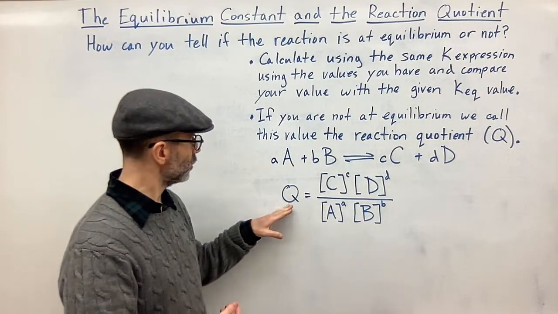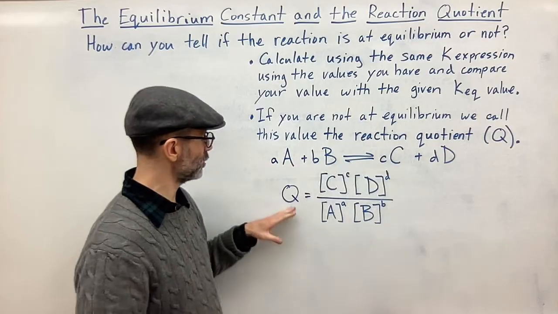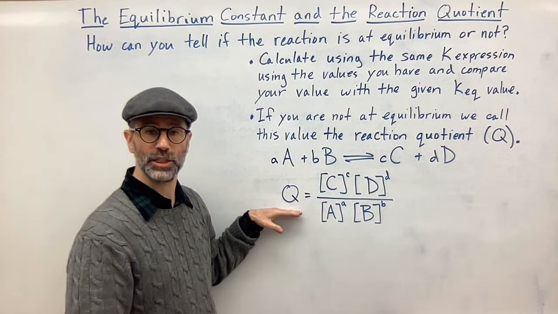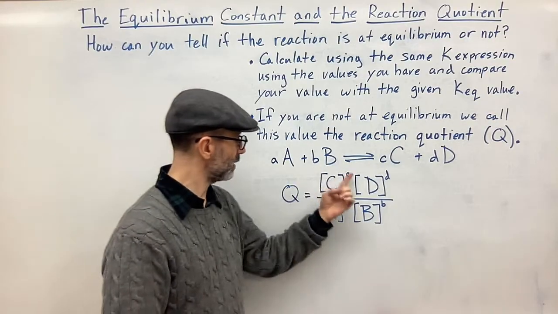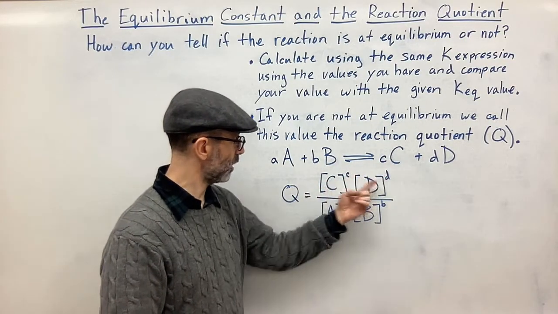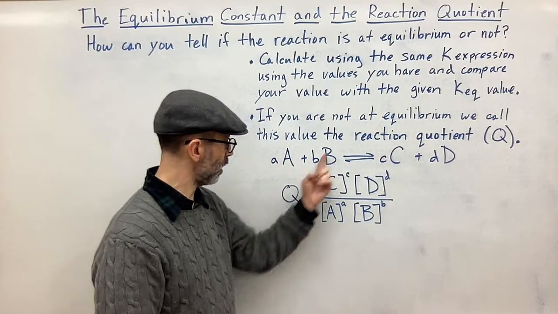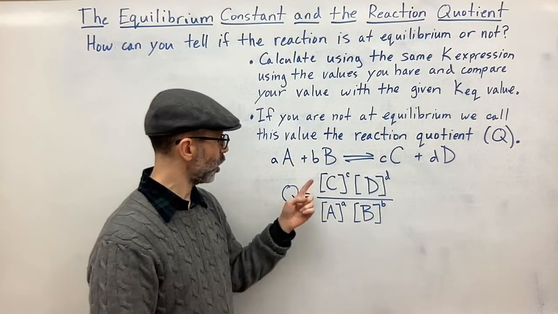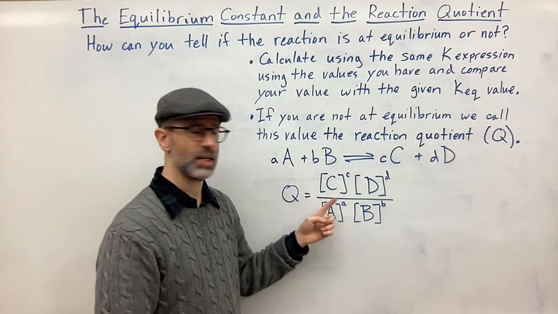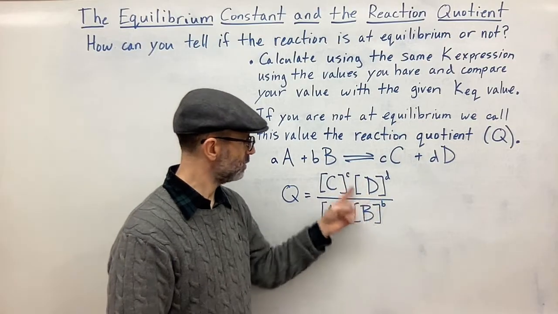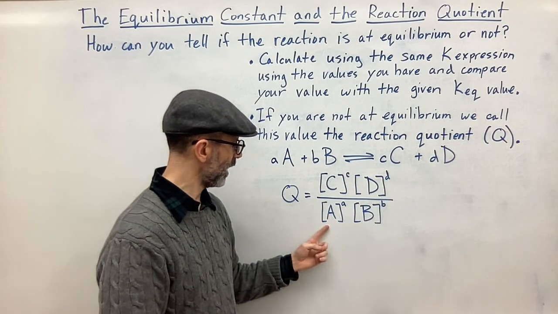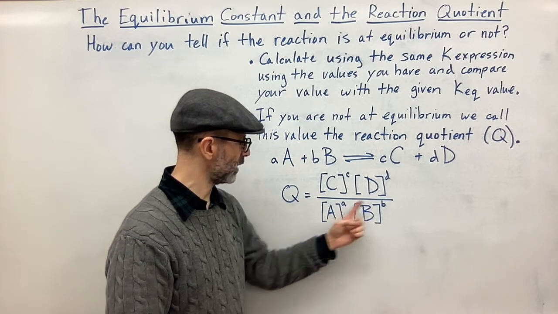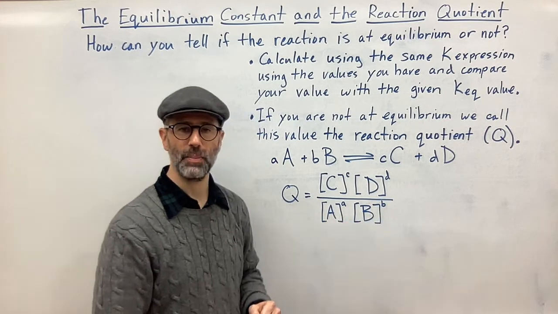So here's our generic equation. Here's our expression for Q. Again, according to the law of mass action, we're going to put the concentrations of our products over the concentrations of our reactants. And so we have the concentration of C raised to the C power, concentration of D raised to the D power, and the concentration of A and concentration of B raised to their respective powers on the bottom.